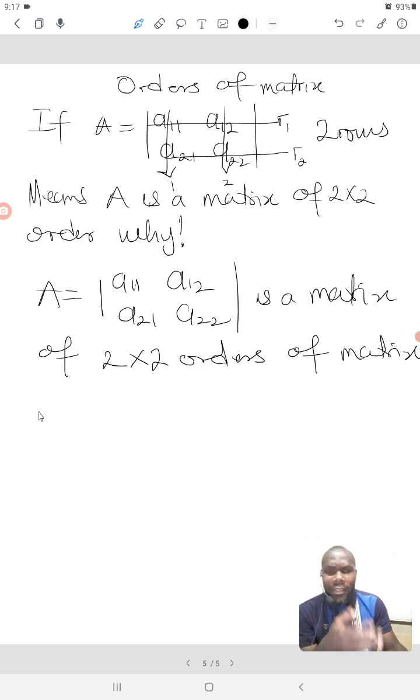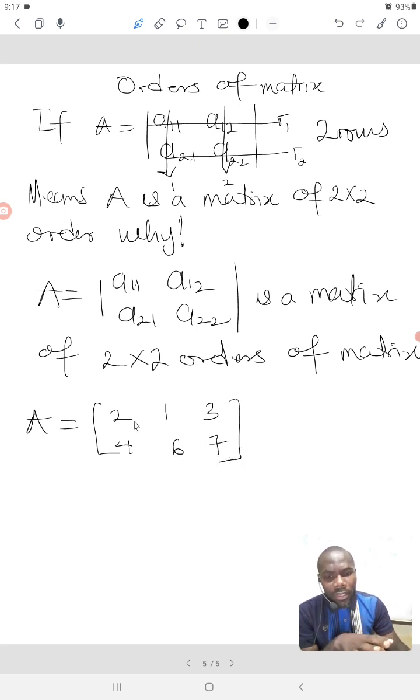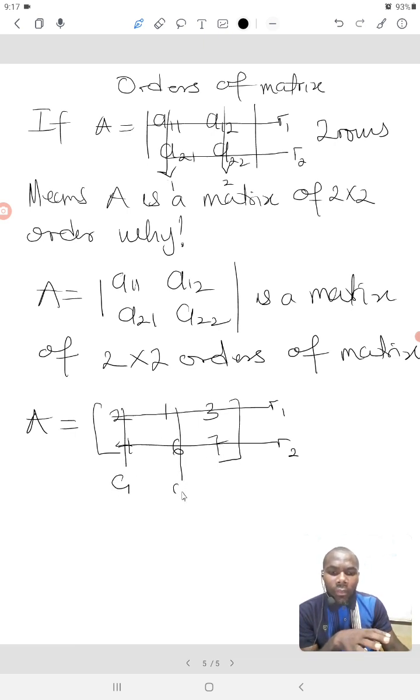We also have an example. For example, maybe A is a value like this. We have 2, 1, 3, 4, 6, 7. What you're able to notice is it has row 1, it has row 2, it has column 1, it has column 2, it has column 3.